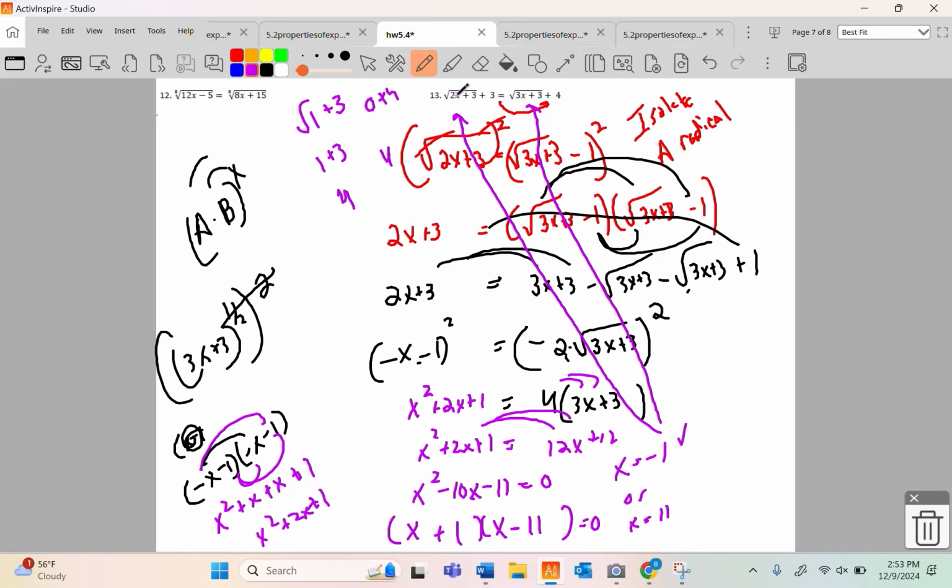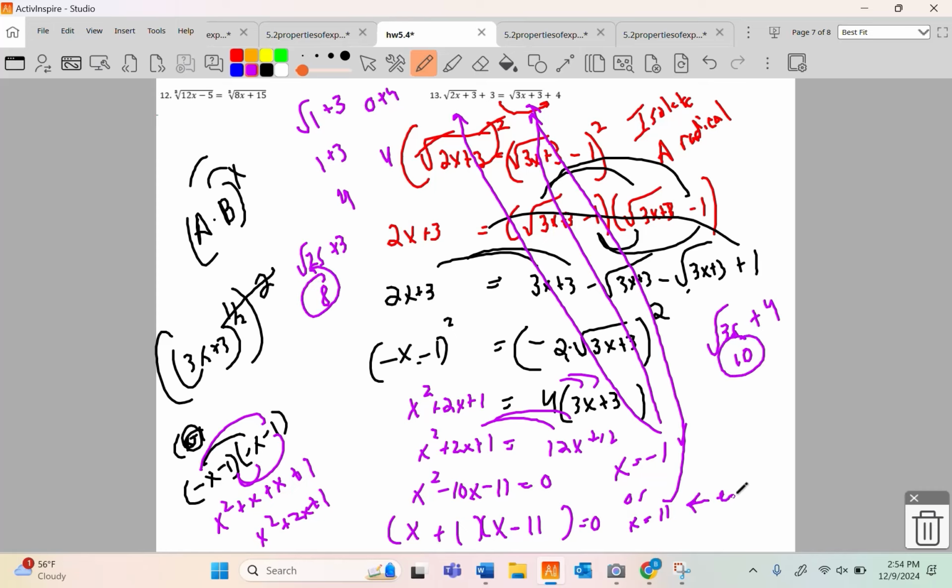If I plug in the 11, this is root 22 plus 3. It's root 25 plus 3, which is 8. That's going to be 33 plus 3, which is root 36 plus 4. Uh-huh. It didn't work, did it? That's 6 plus 4, which is 10. I have an 8, and I have a 10.